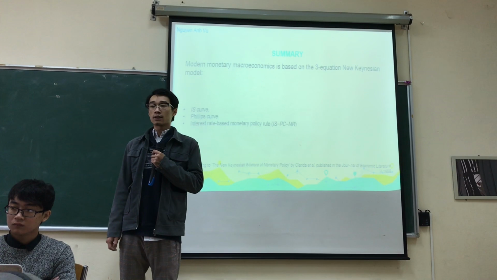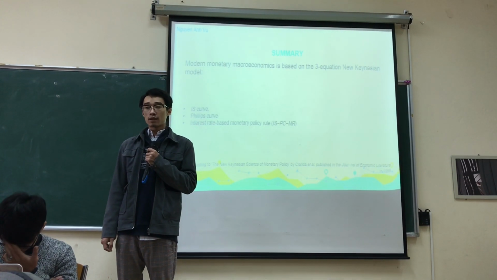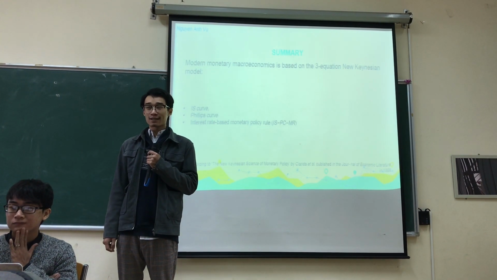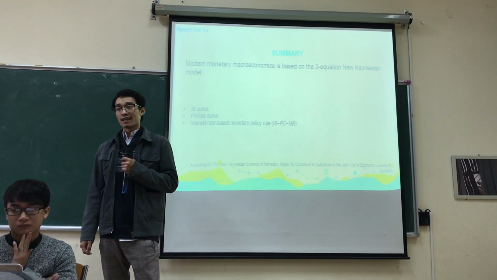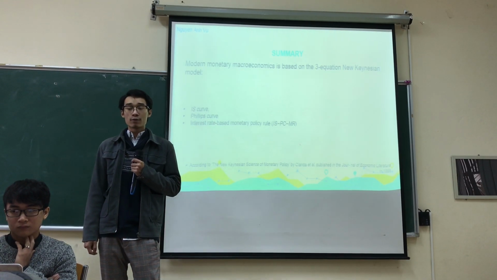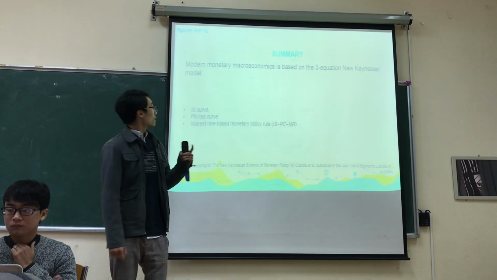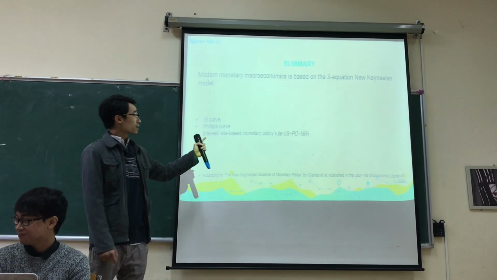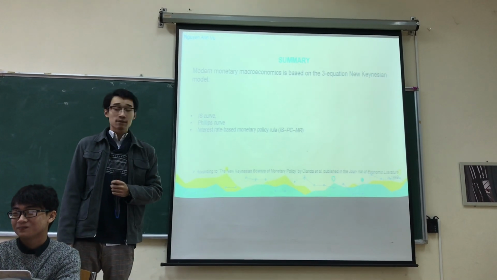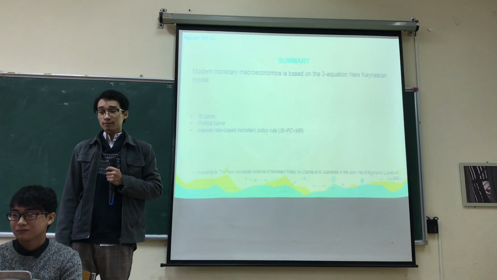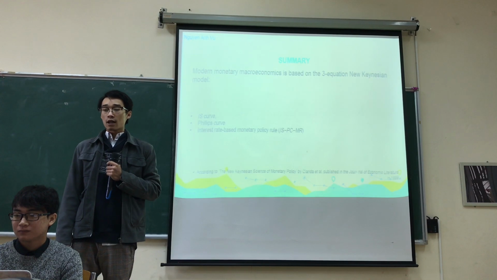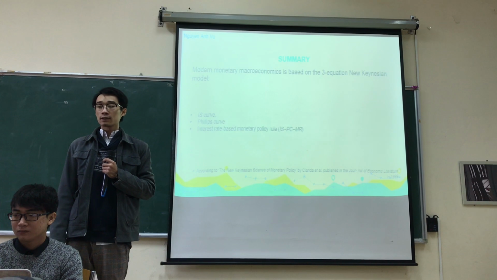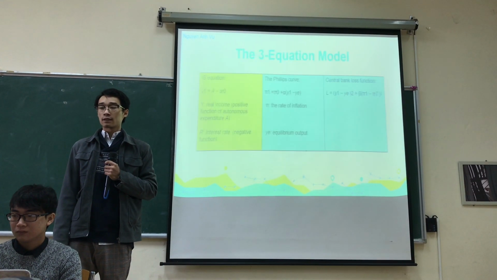So next is the summary. As we know, modern monetary macroeconomics is based on the three-equation new Keynesian model, which includes the IS curve, the second is the Phillips curve, and the interest rate based monetary policy, MR, which is according to the new Keynesian monetary policy by Carlin and Soskice, published in 1999.